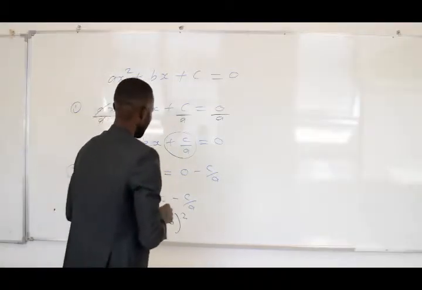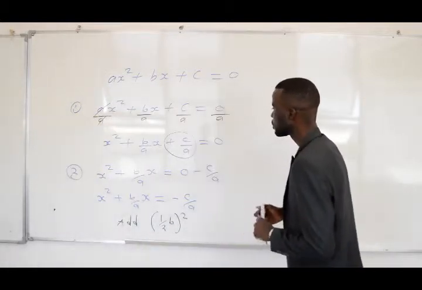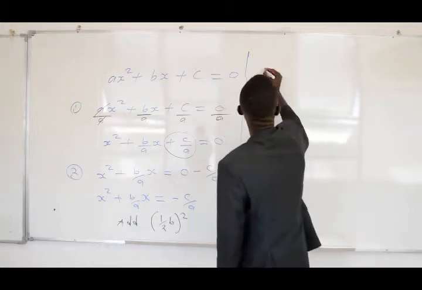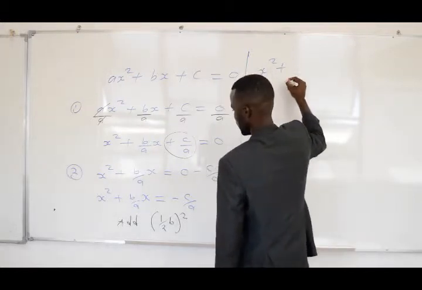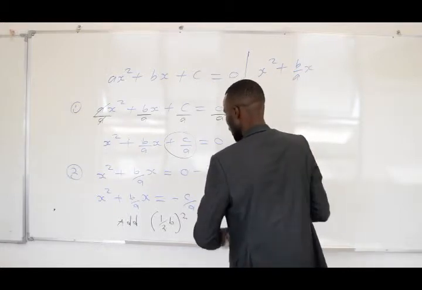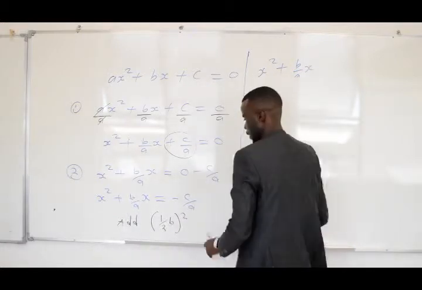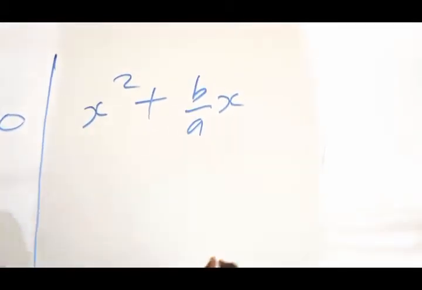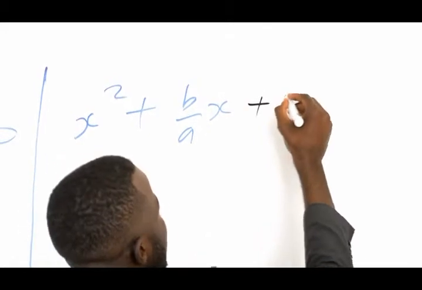Okay, so now let's move to this step. We have x squared plus b over a x. Now we have said that we need to add 1 over 2 b squared to both sides, so let's add it.